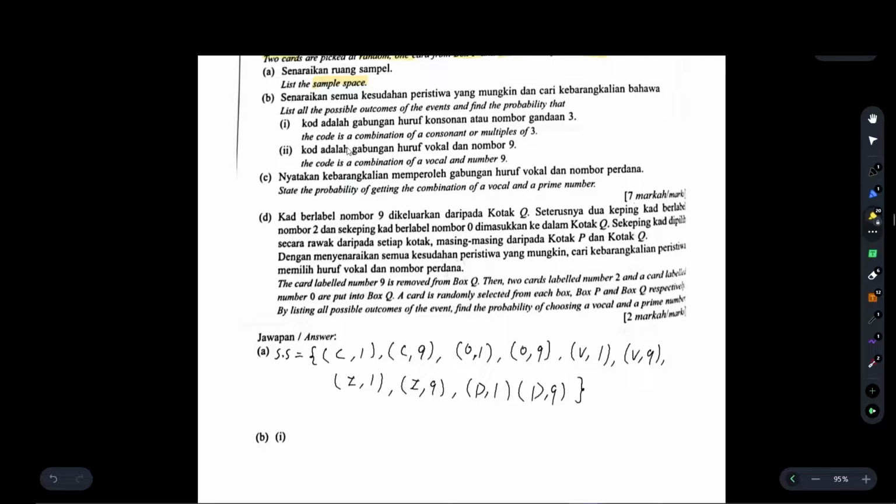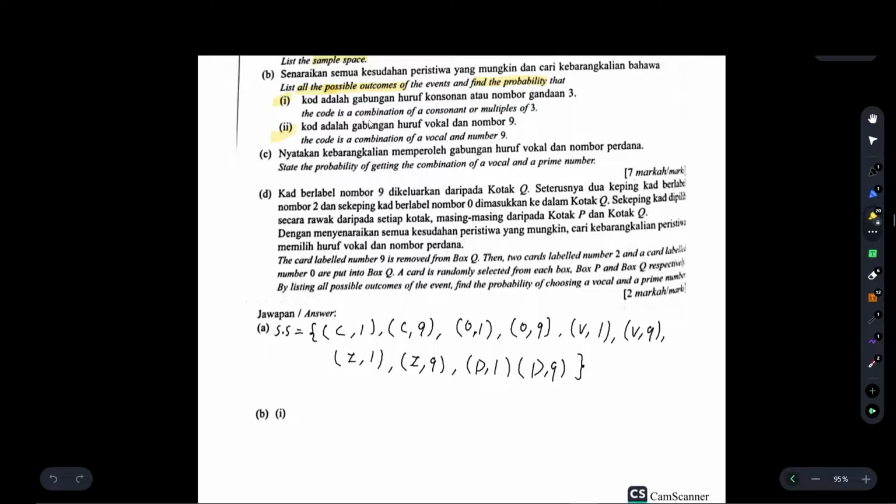Okay, right now we're gonna continue to the next one. Now we're gonna list all the possible outcomes for the following events from 1 and 2, and we're gonna find the probability also based on the events. So for the first one, it is the code that has a combination of consonant or multiple of 3.